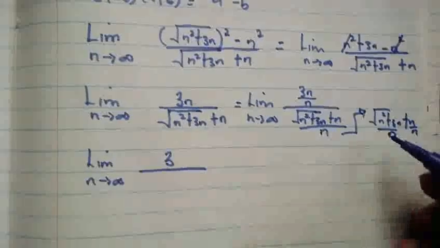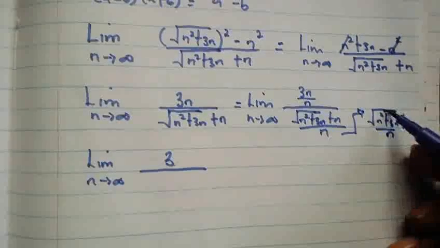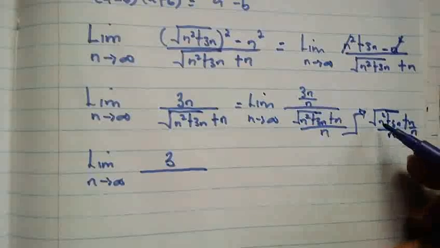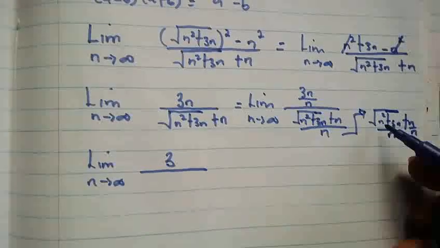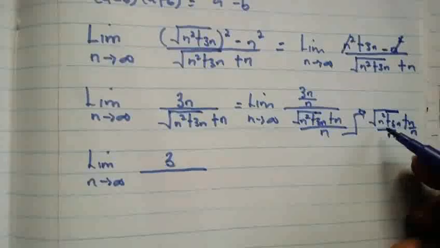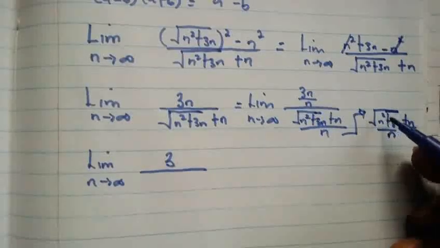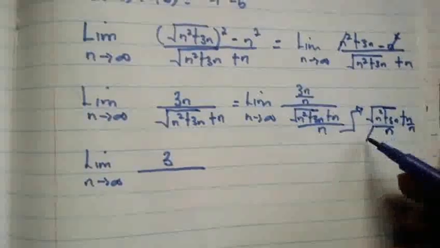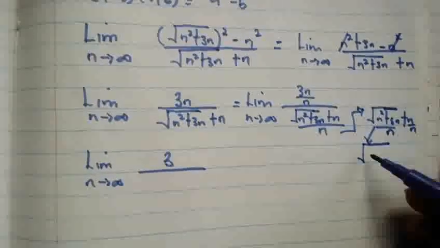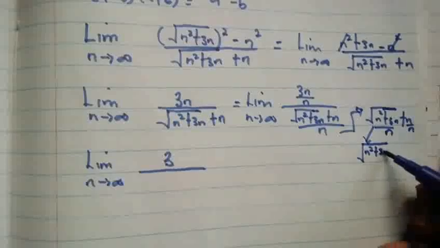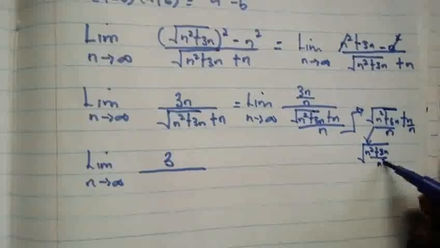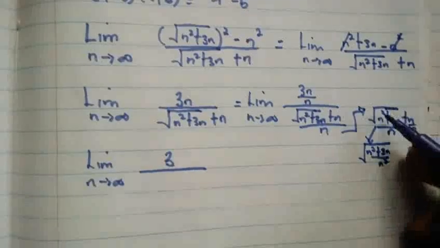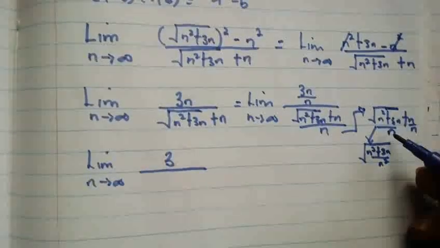Okay, and because we have this root sign here, if you want to simplify the expression with this root sign, we can take n inside this root sign, but the n must be squared. This is what I mean. Actually, this will look like this: n squared plus 3n all over n squared. So when we take root of numerator, we get this, and root of denominator, we get back our n here.